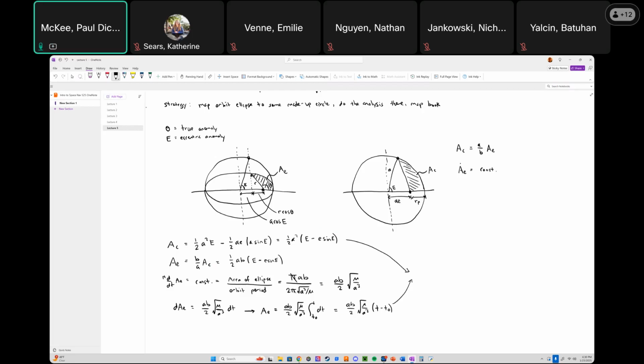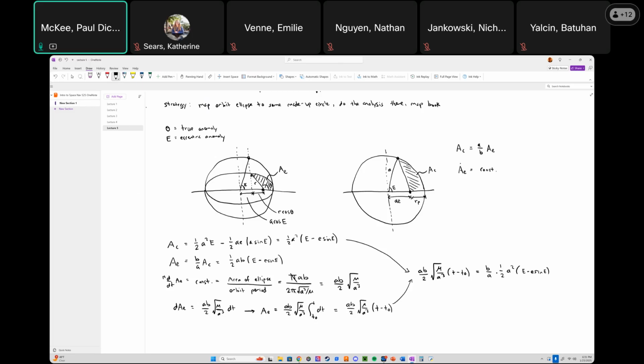And when we do that, we get AB over 2 square root of mu over a cubed (t minus t naught) is equal to B over A times 1/2 times A squared (E minus E sine E).